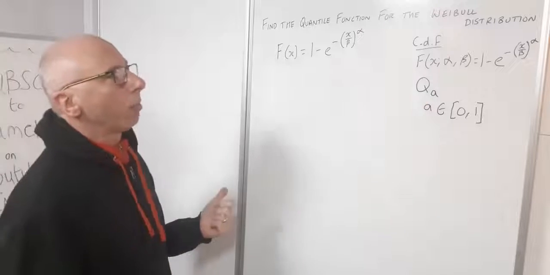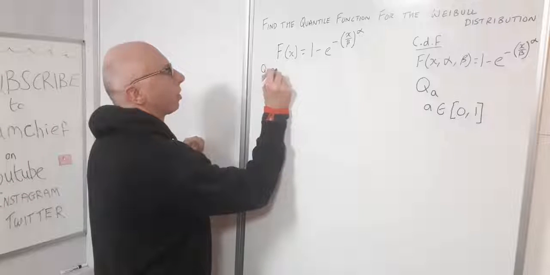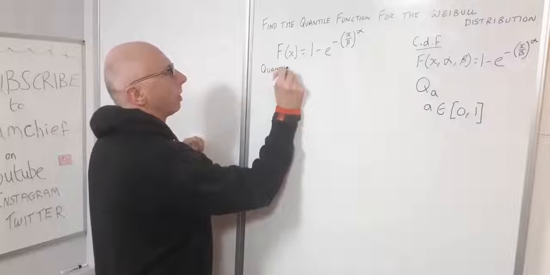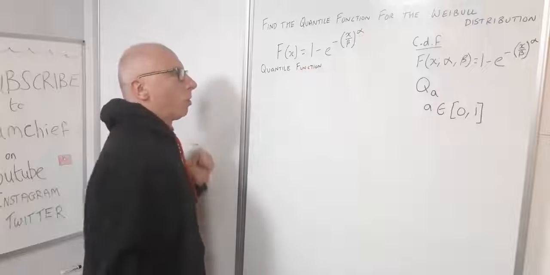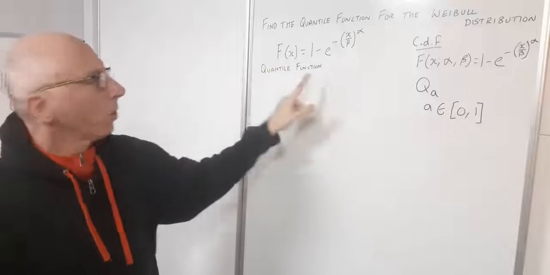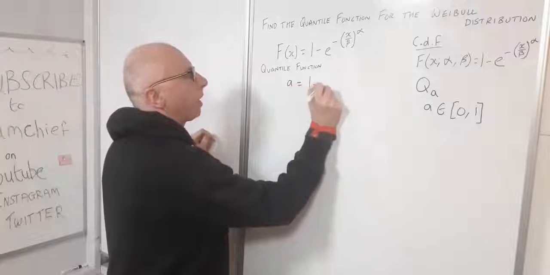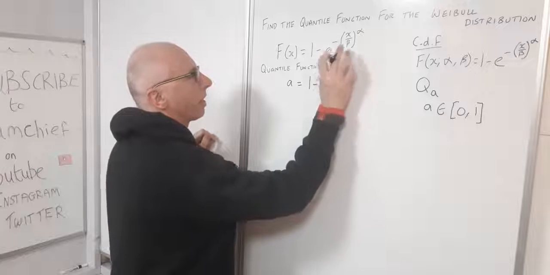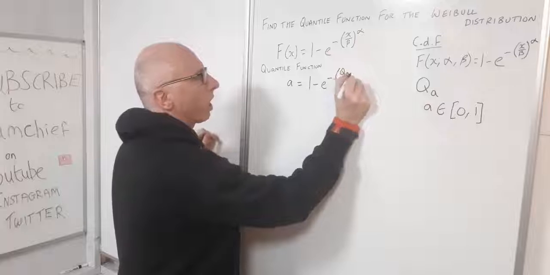So our setup for the quantile function: what we do is now we just set this to be a. So we put this variable in here. And then we set that to be 1 minus e to the negative x, where we're plugging in QA, which is the quantile of a.